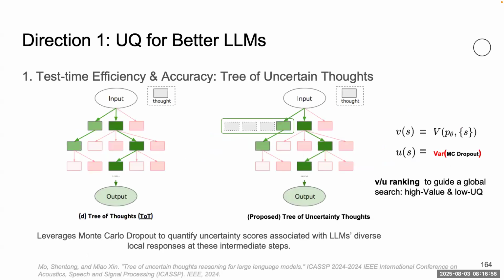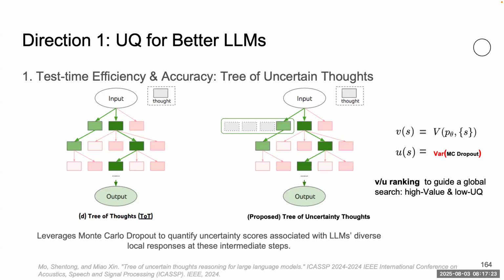Another method, a more specific way of using uncertainty, is tree of uncertain thoughts. In this paper, they are directly improving on tree of thoughts methods. They say that tree of thoughts methods overlook the model's local uncertainty at each intermediate thought step, so they can lead to brittle or overconfident final decisions.